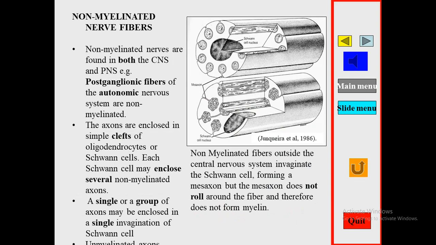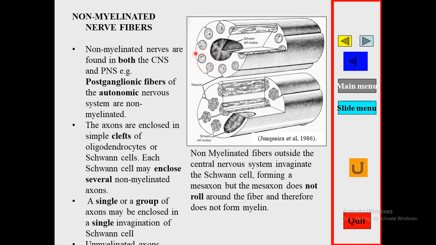On the other hand, we discussed the non-myelinated fiber. Still within the non-myelinated fibers, we have a Schwann cell, and this Schwann cell can form clefts which can engulf the axons of the neurons, and usually those axons are not completely wrapped or have not many layers.